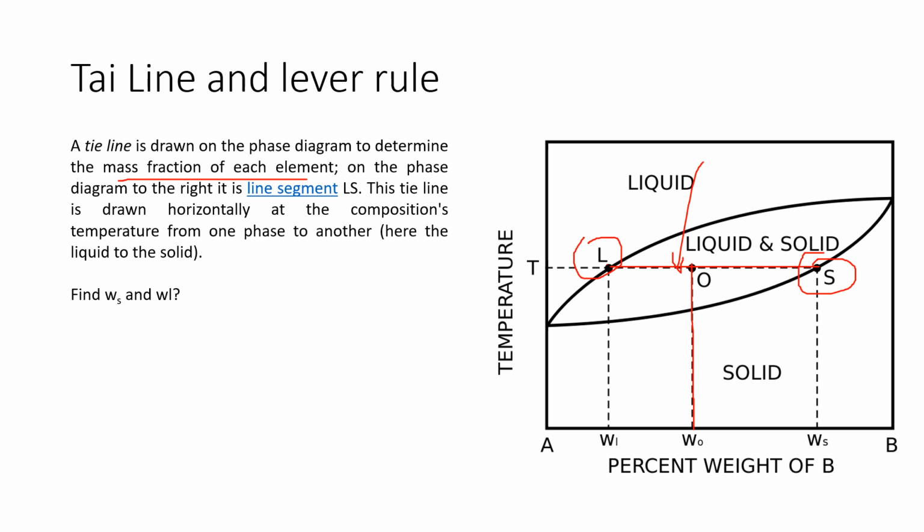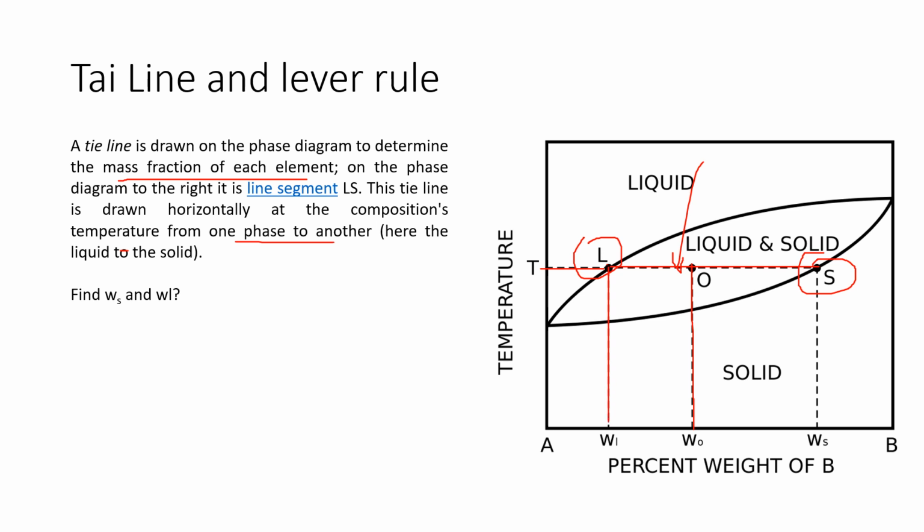This tie line is drawn horizontally at the composition's temperature from one phase to another phase. Over here the line is drawn from the liquid phase to the solid phase at the same temperature. So on a tie line, we have the same temperature but different compositions.